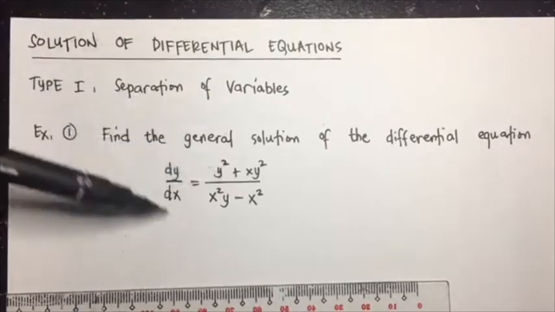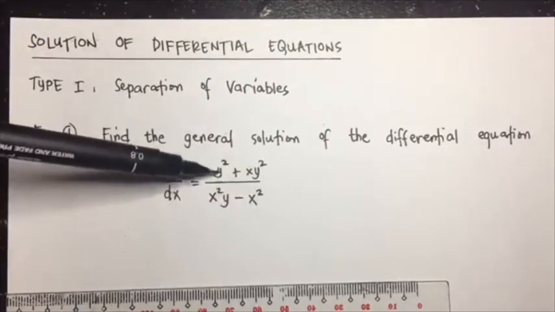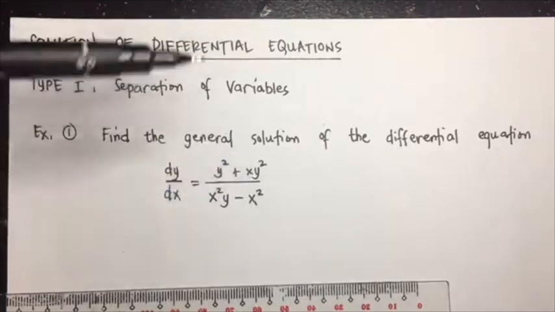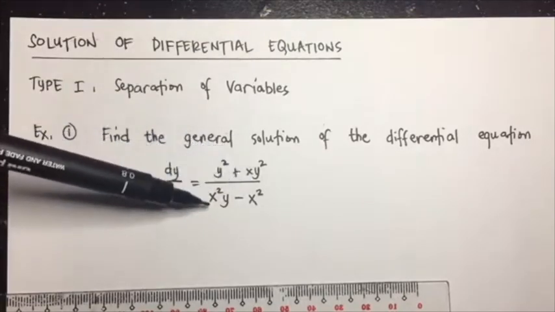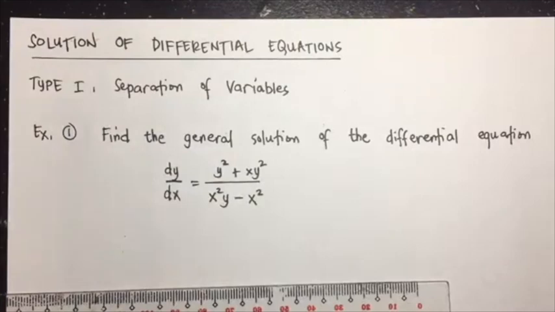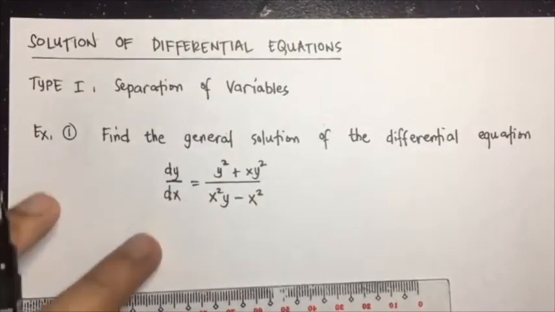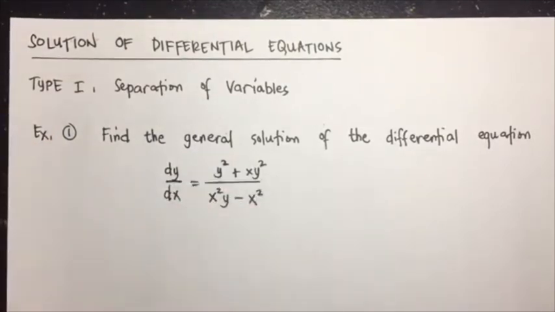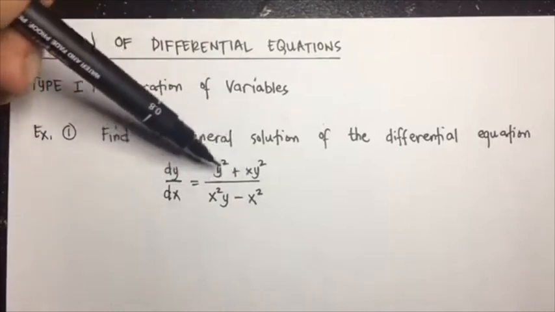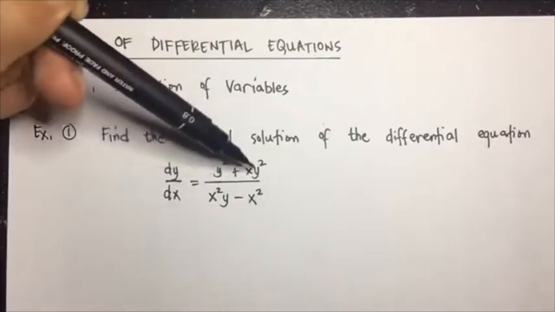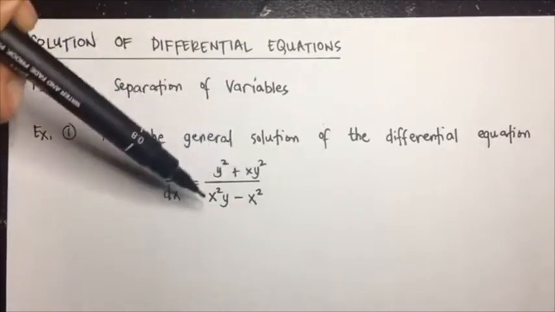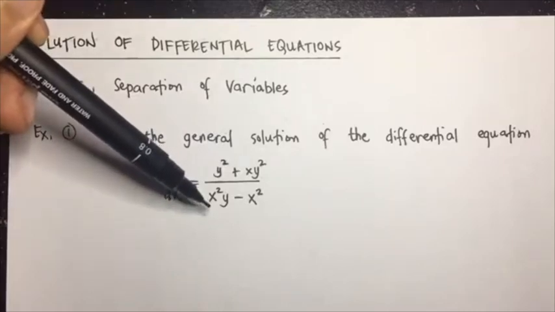Again here you have dy over dx is equal to y squared plus xy squared over x squared y minus x squared. To separate the variables, the first thing that would come to mind is factoring. Let's see the numerator here. We have a greatest common factor of y squared, and in the denominator a greatest common factor of x squared.